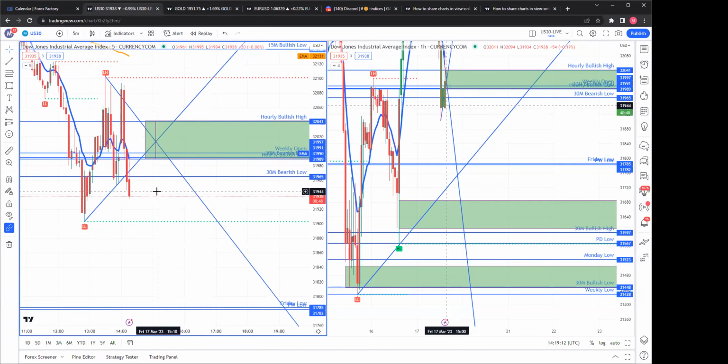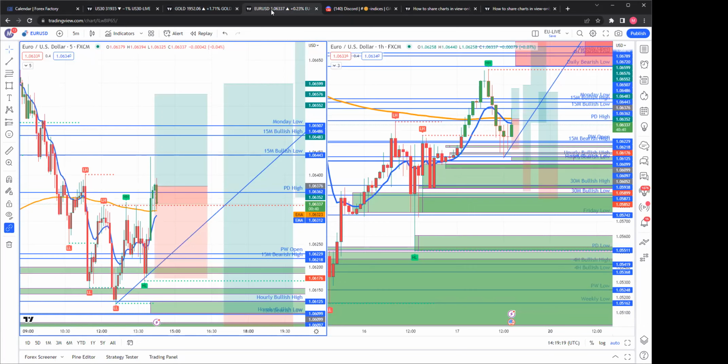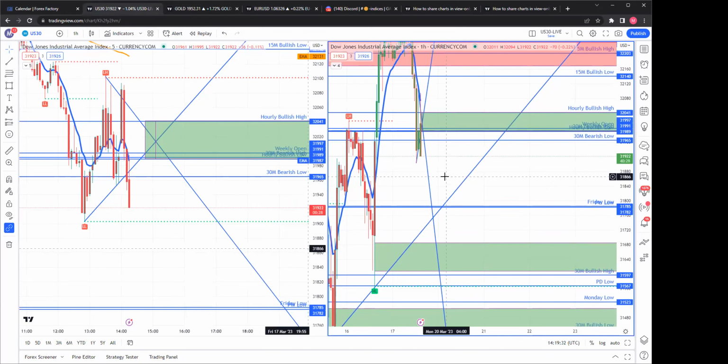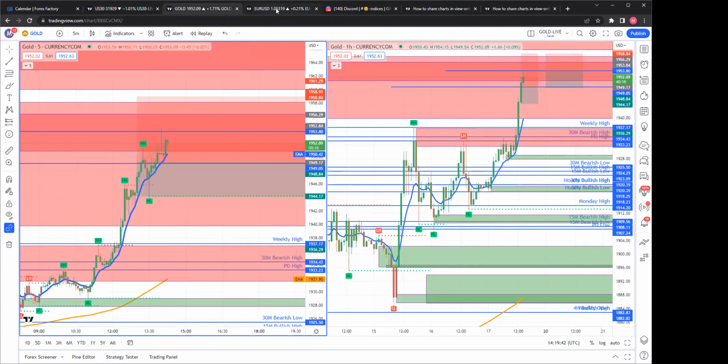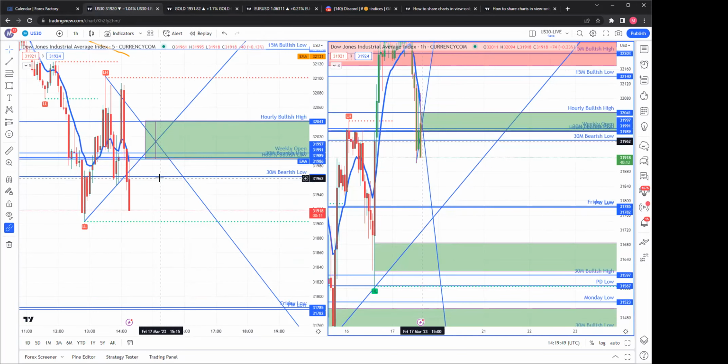Yeah, not sure if we're going to get a retest. Not sure if we're going to get any retest for US 30.